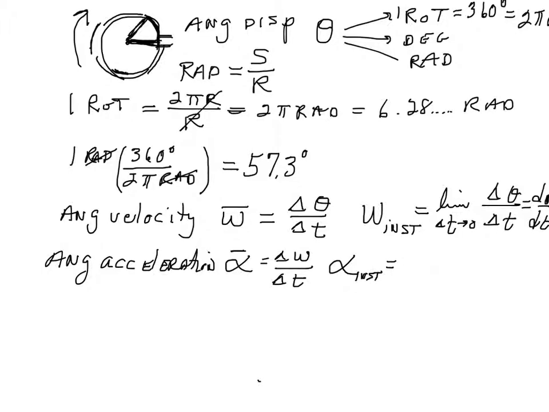And that's going to be equal to, again, the same routine, no surprise, the limit as delta t goes to 0 of delta omega over delta t. We have to take that ratio over a smaller and smaller limit, and you can recognize that as d omega dt in terms of calculus notation. So now we have all three quantities, displacement, velocity, and acceleration, defined.